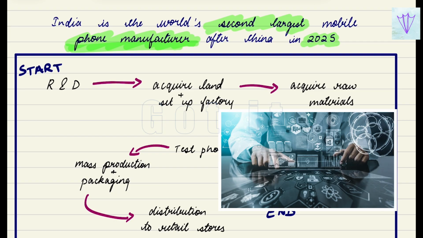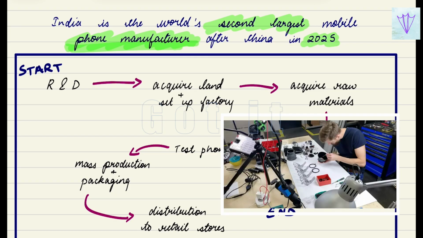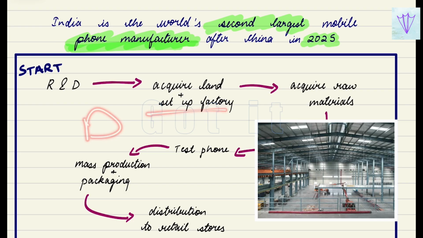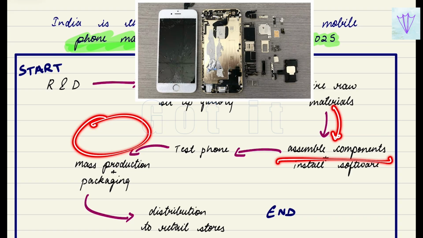You start with R&D, research, and you have to develop and properly study how a phone is made. Then you need to acquire land and set up a factory, acquire the raw materials required for making that product, assemble all the components of the raw materials, and install the software.